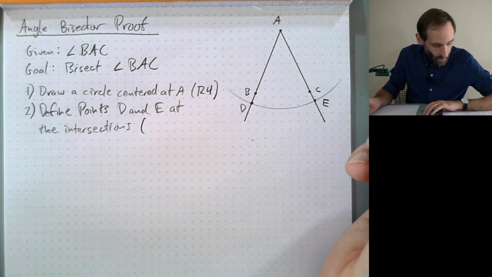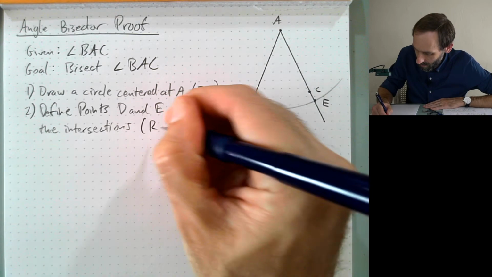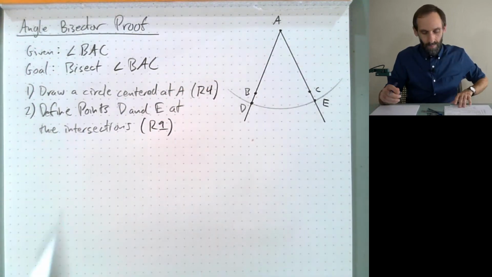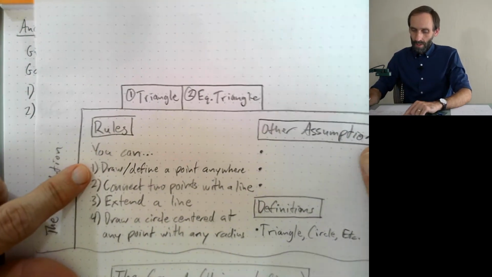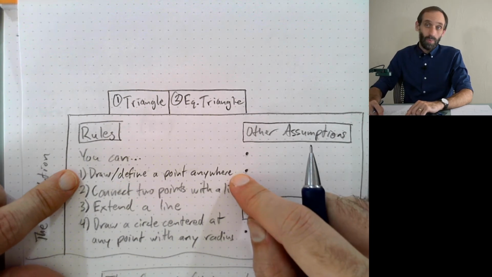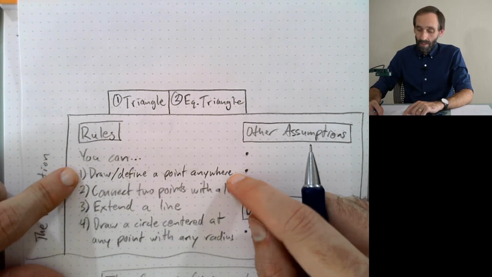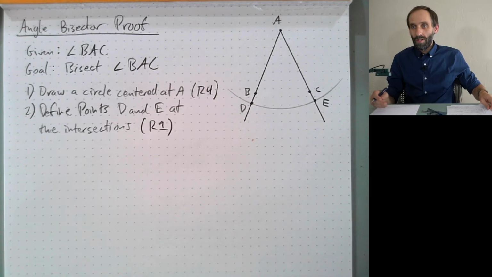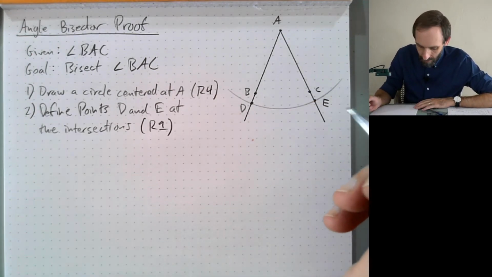Now, rule number 1, I'll abbreviate R1, says that I can draw or define a point anywhere in my space, on my sheet of paper. So that's my justification for that.